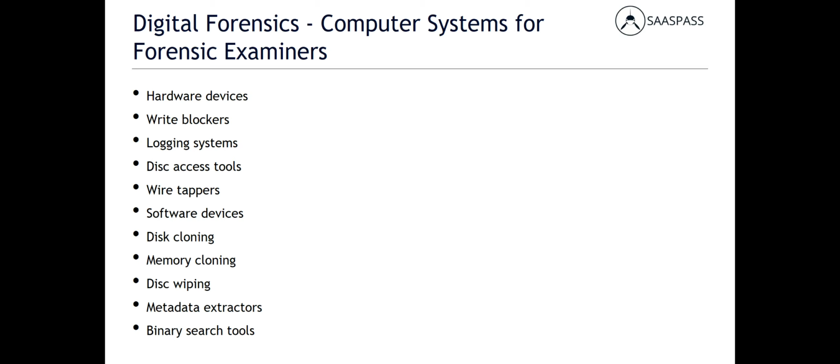You can have software logging systems, you can have software write blockers, and you can have software that can manage your disk access and so on, or that can make copies of disks. But some other tools could be useful. Some software tools are useful, and most of the time we don't have any hardware version of those.